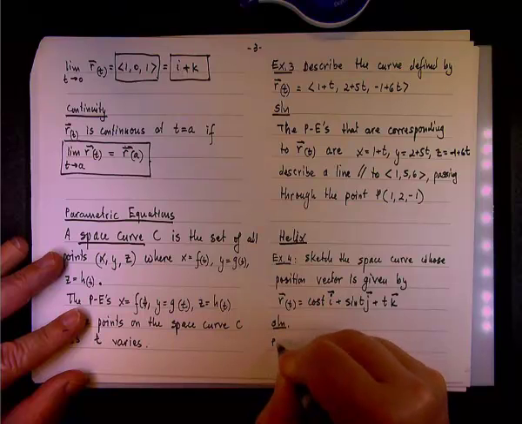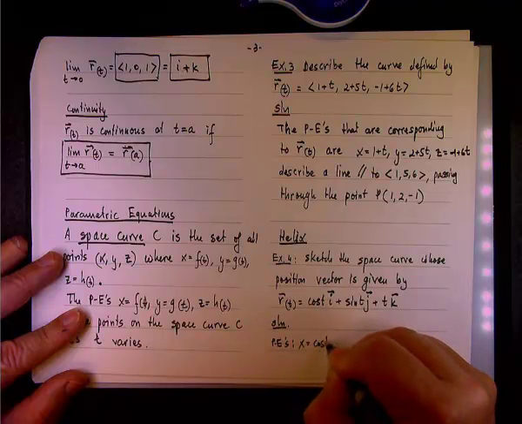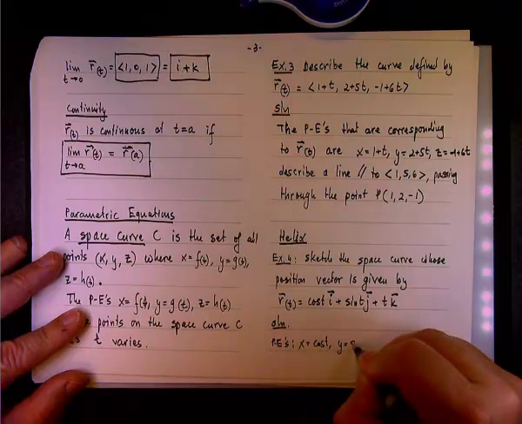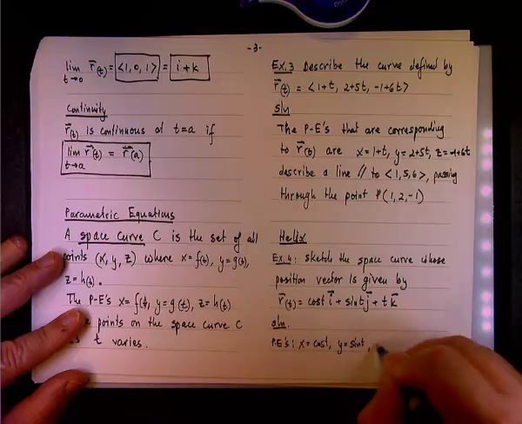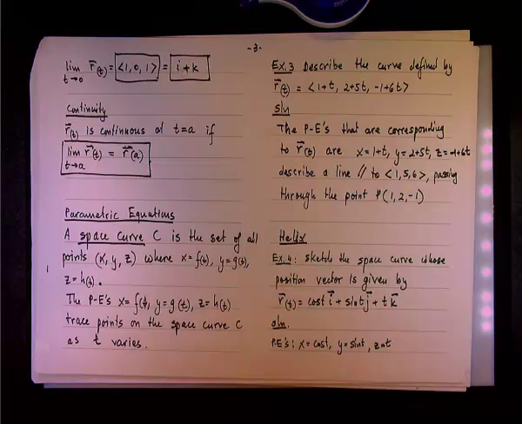So let's look at it on the next page. Actually, let's do it right there. First of all, the parametric equations are x equals cosine t, y equals sine t, and z equals t. Start with that.